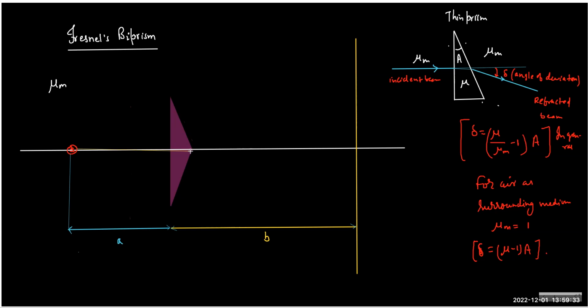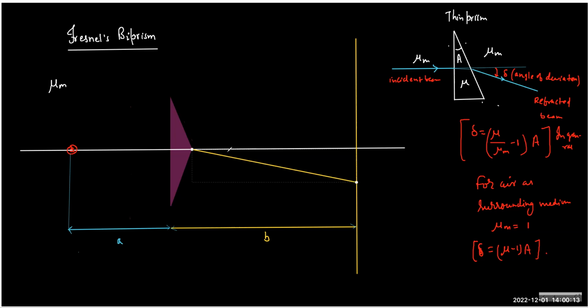So what will happen if the light ray travels in this fashion? If the light ray goes into the upper prism, you can see the deviation is below, because the rule of deviation is that it always happens towards the base. If you go above, it will try to go towards the base. The base is below. So the light ray traveling through the upper prism will deviate like this.